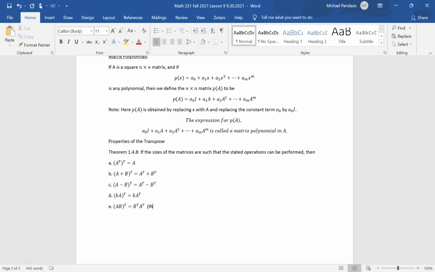In words, this says that the transpose of a product of matrices is the product of their transposes in reverse order. So that's E. So that's theorem 1.4.8.